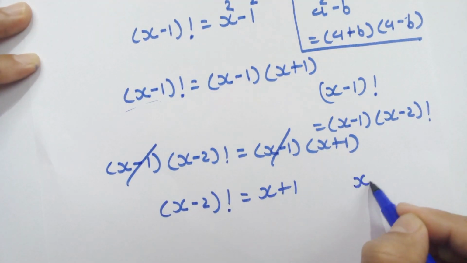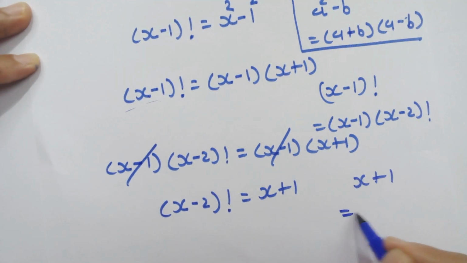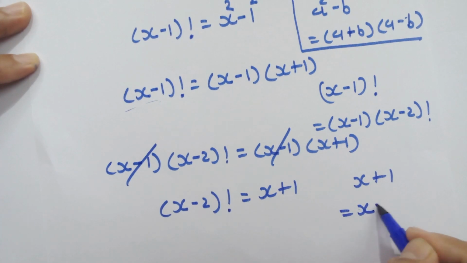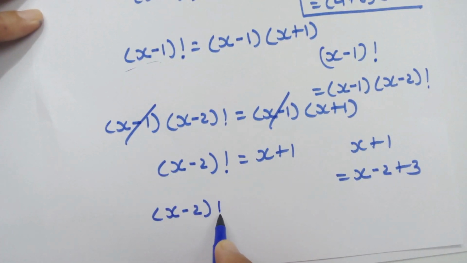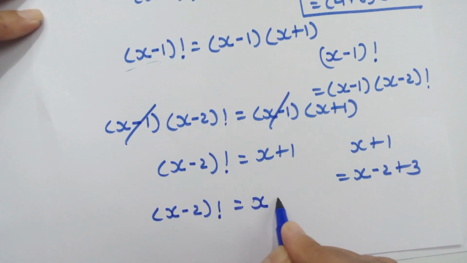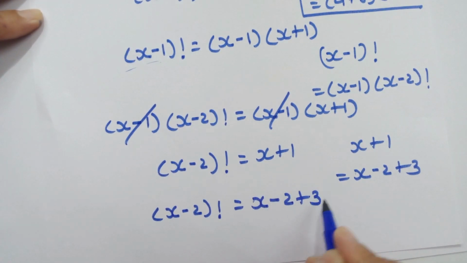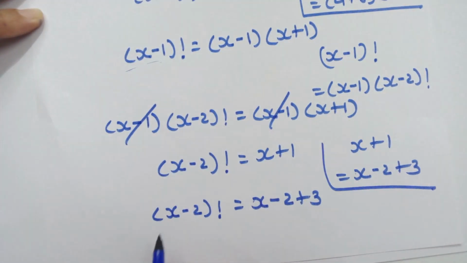Okay, now x plus 1 we can write as x minus 2 plus 3. Okay, so x minus 2 factorial is equal to x minus 2 plus 3. We can write this also.